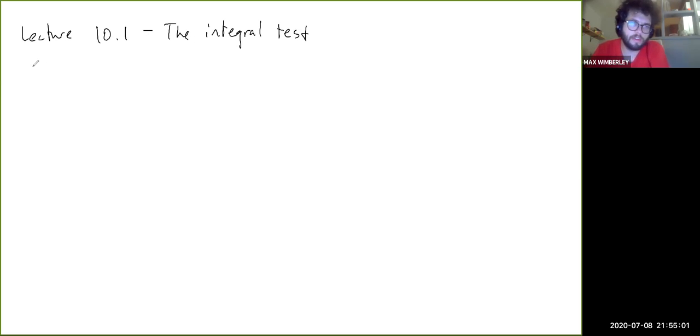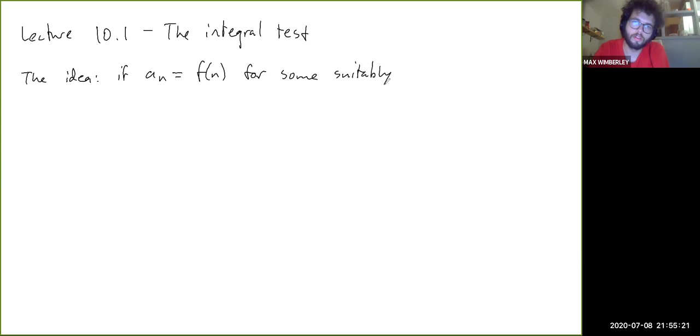So the basic idea is, if a_n equals f(n) for some suitably well-behaved function f, and I'll talk more about what that means later on.